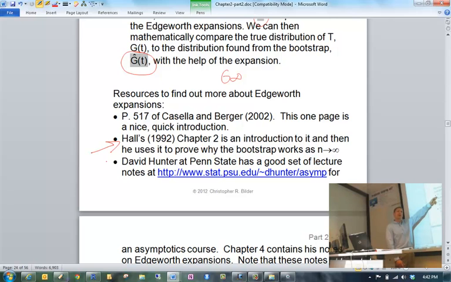It sounds like none of you actually got up to page 517 of the book. Another great resource is David Hunter's course on asymptotics at Penn State. This is a required class for their PhD students in statistics. He has an excellent set of notes there. There's a lot of stuff that's different from what you would expect in our Stat 980 course, just to let you know.